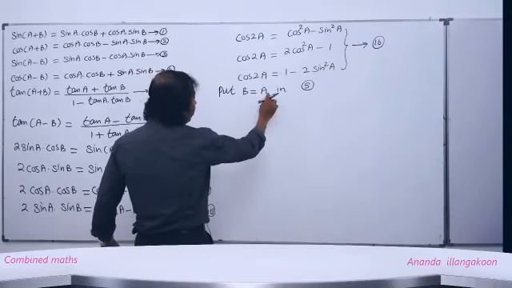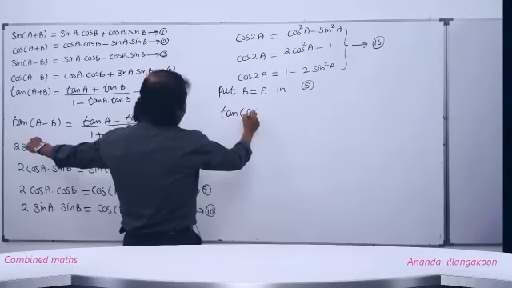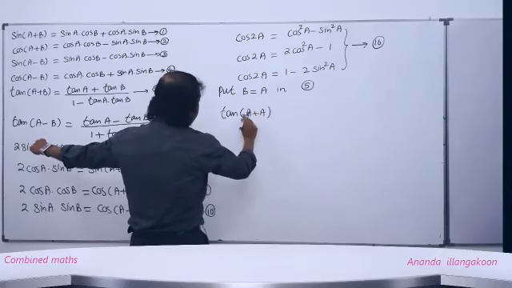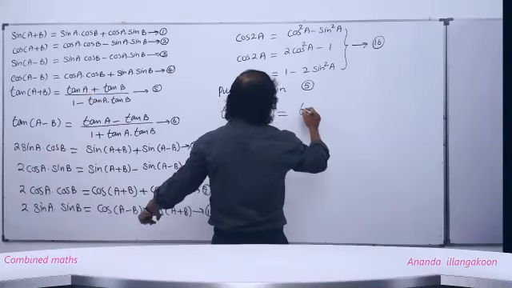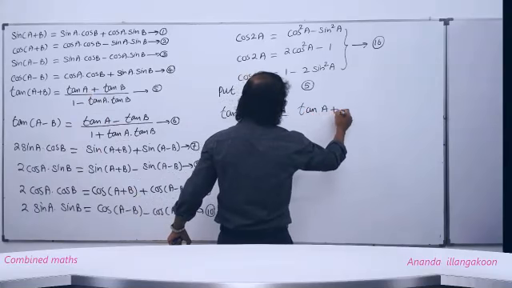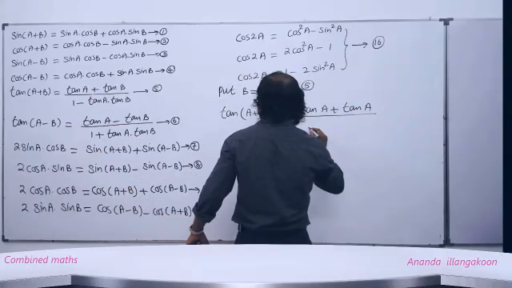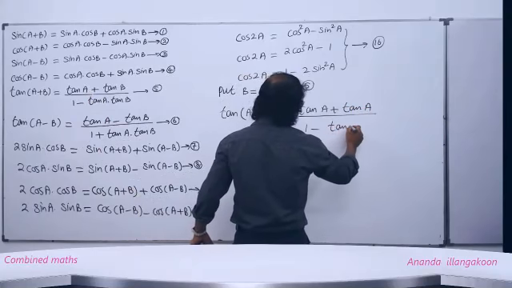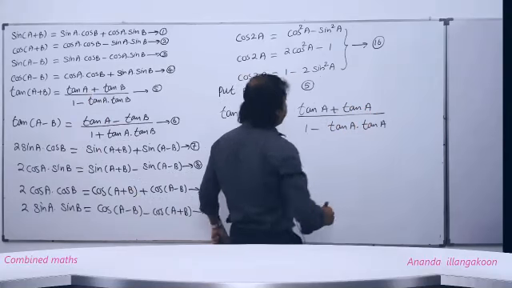Put B equals A in number 5. So then what do you get, people? Tan A plus A equals tan A plus tan B divided by 1 minus tan A into again tan A. Right, people?